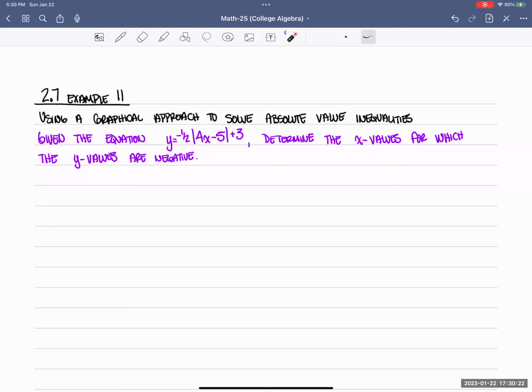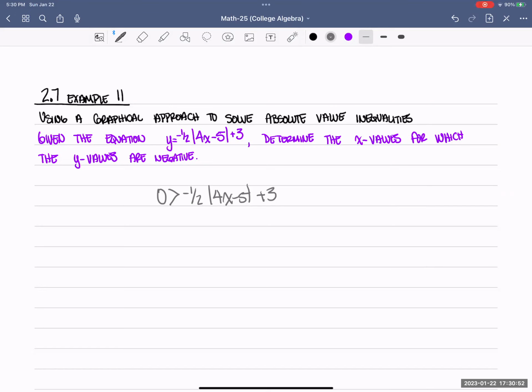So negative values are when y is less than 0. So we just have to cap it off at that point. So 0 is greater than or equal to, it's going to be the biggest number it possibly can be at 0, greater than or equal to negative 1 over 2, absolute value of 4x minus 5, plus 3.